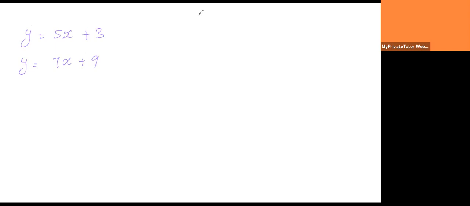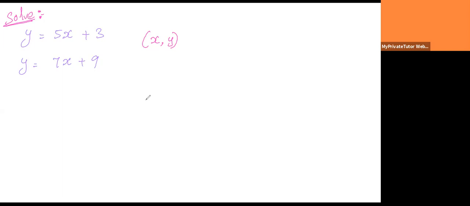These are two equations, for example, that they have given to solve. When we get a question stating solve this, it means we are going to find the values of x and y. We can use the substitution method, elimination method, or the graphing method. That we'll learn a little later.